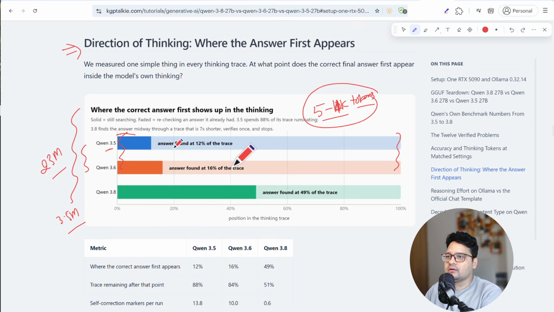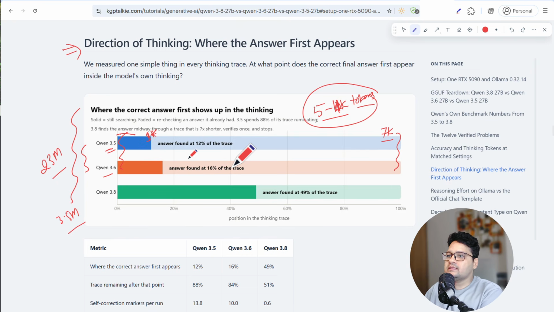Basically, when it was at 12% of its total reasoning, Qwen 3.5 had the result. Even after that, it kept thinking, re-reasoning and rethinking again and again even though it had the answer. For example, if it took like 7k tokens, then within the first 1k tokens, Qwen 3.5 had the answer.